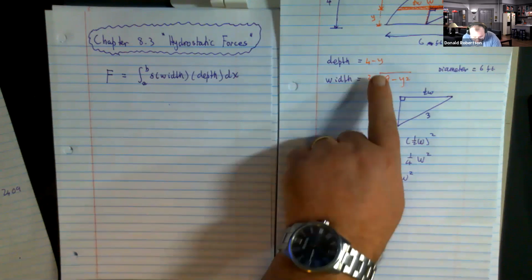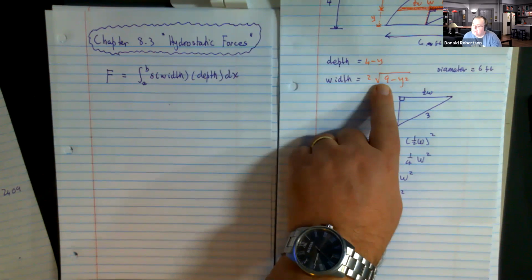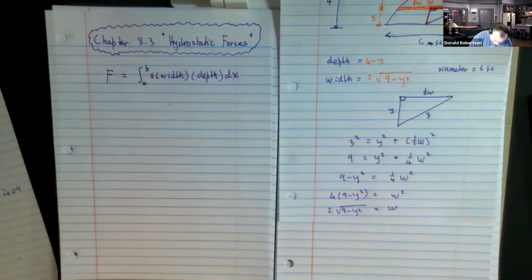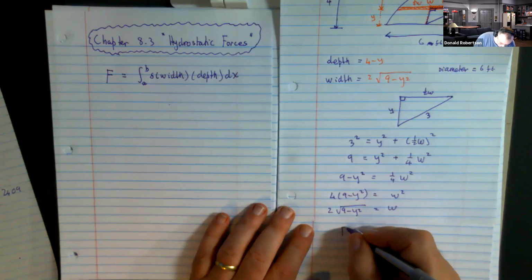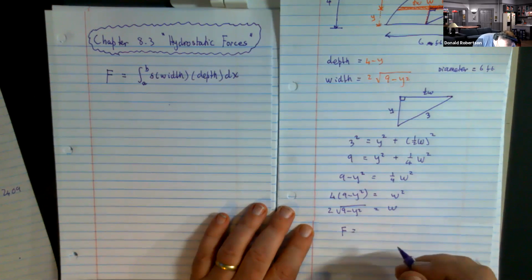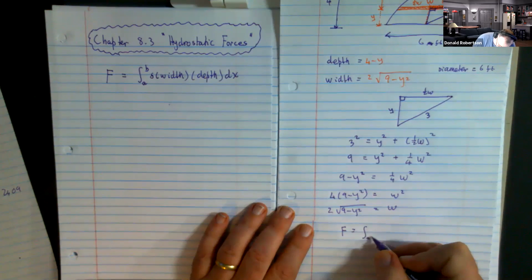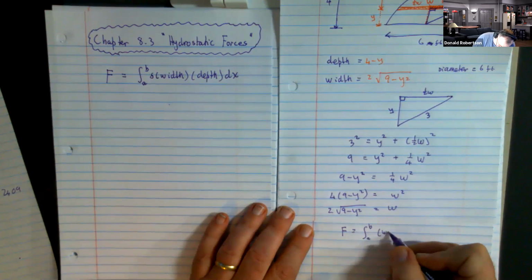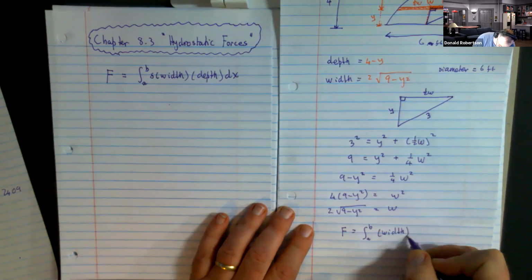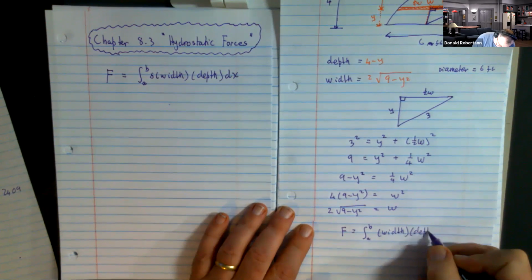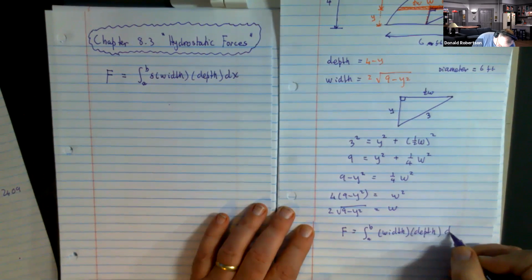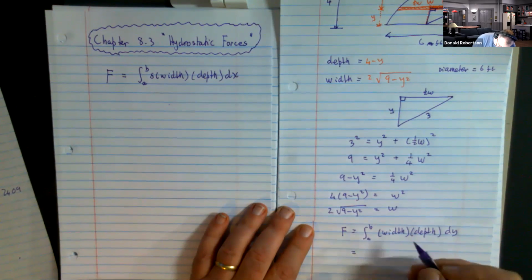So I have a depth and I have a width now, don't I? So I should be able to get the hydrostatic force part. It's going to be the integral from A to B of width, depth, dy. And I forgot my delta.